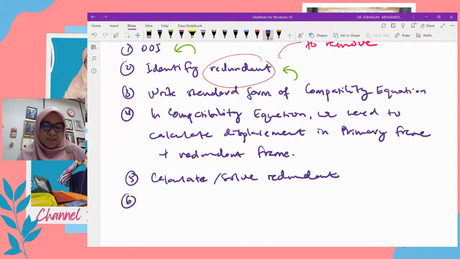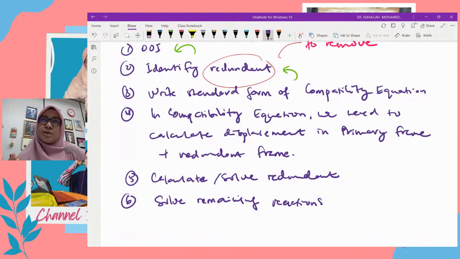And then step 6, we need to solve the remaining reactions.